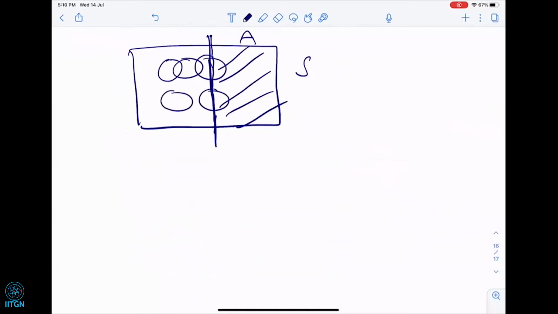Now the relative topology on the right half plane is open disks which are fully inside A, but also disks like this, which are not disks anymore. They are intersections of disks with the right half plane. And these ones actually contain this boundary, this vertical part. So they are not open in S, but they are open in A in the relative topology. This is a subtlety you need to keep in mind.